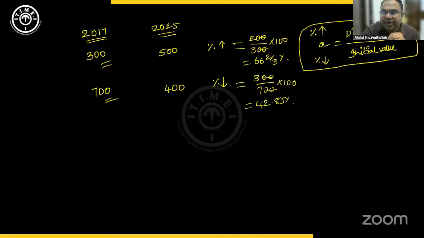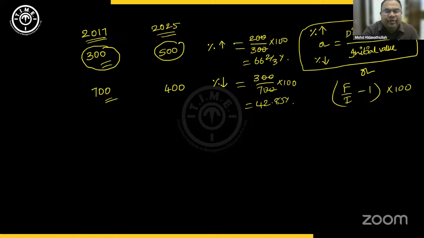Difference is nothing but final minus initial. The same thing can be written like this: F by I minus 1 into 100. Final by initial minus initial gets nullified, 1 into 100. Basically, when you are finding out percentage increase or decrease, it is dependent only on the initial value and the final value.